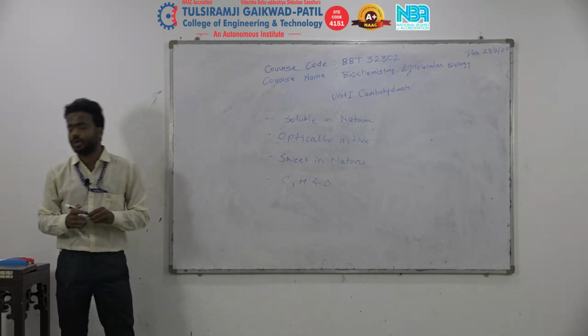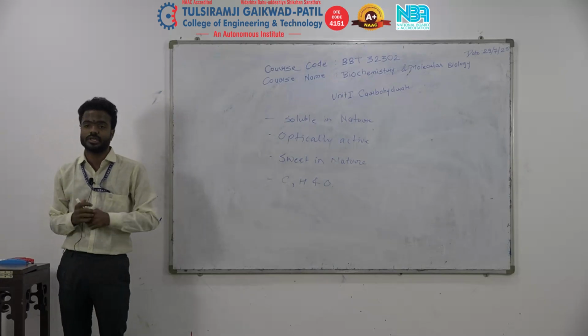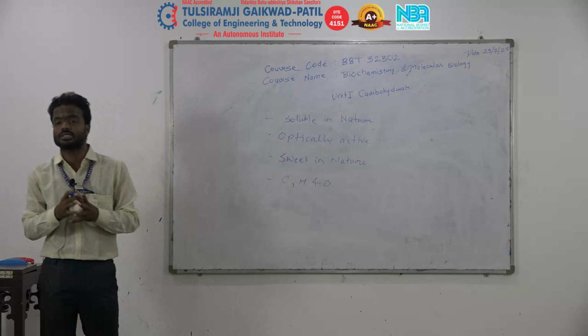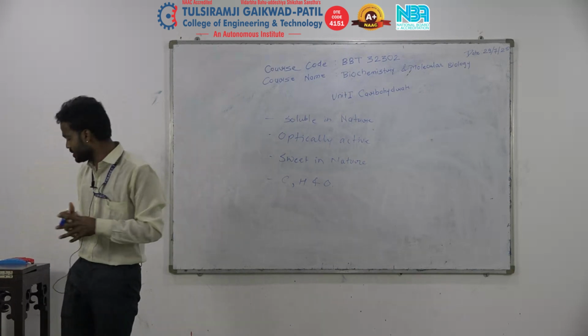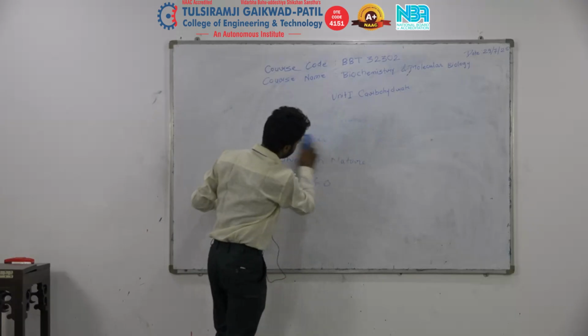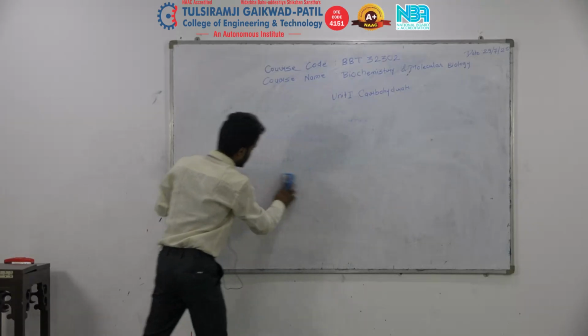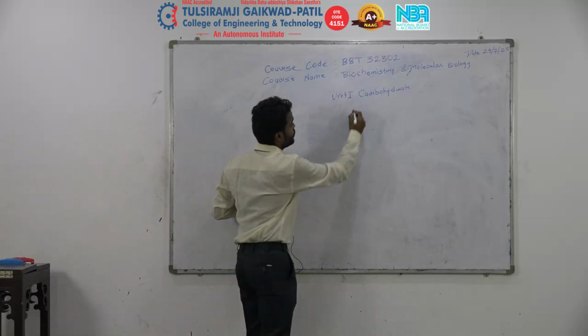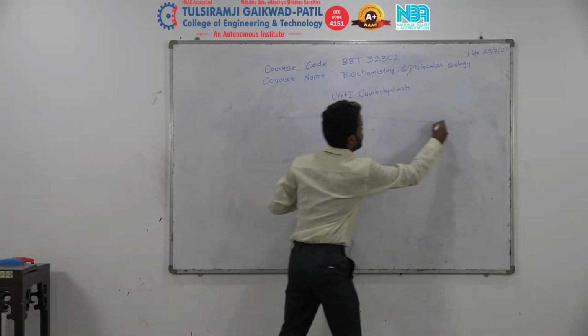So we are going to learn the classification of the carbohydrates. Carbohydrates are chemically defined as polyhydroxyaldehydes and polyhydroxyketones. Carbohydrates are classified into three main types.